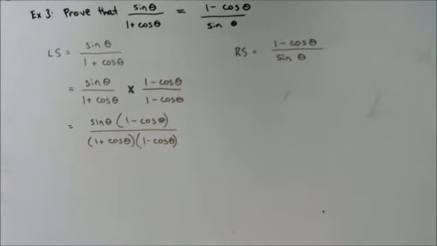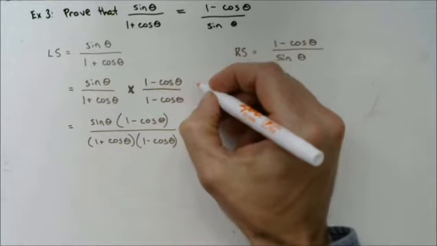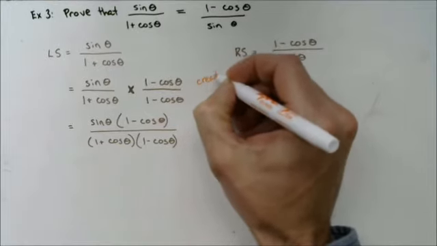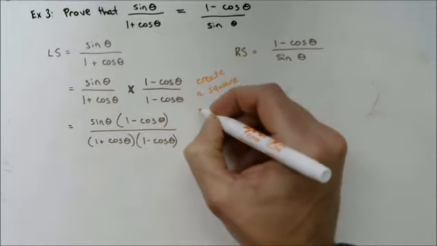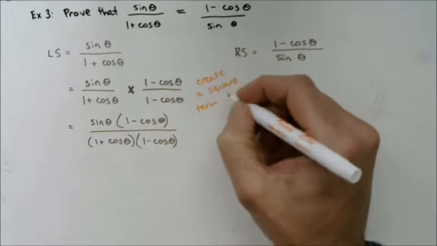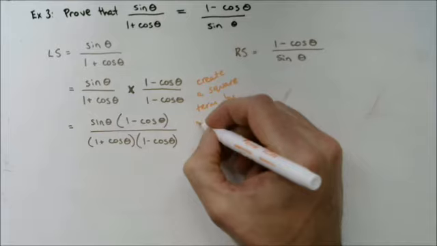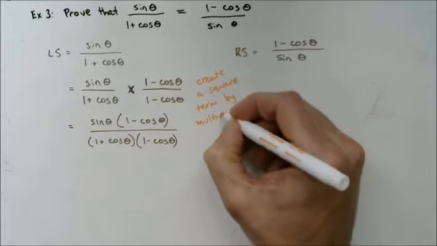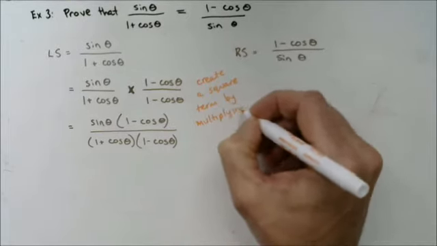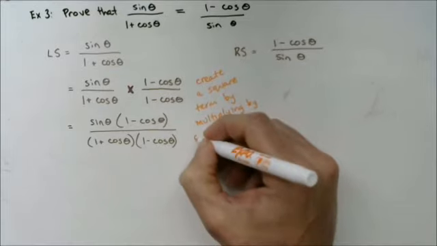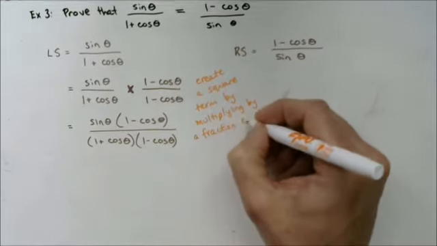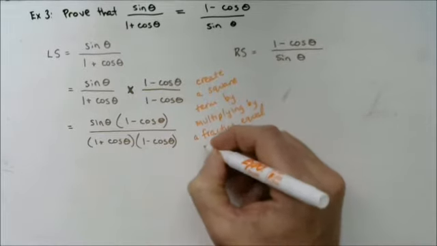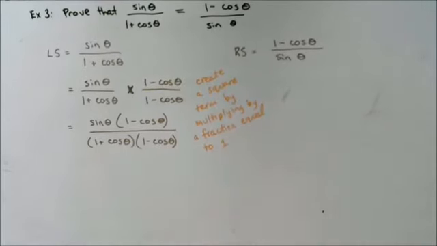So I'm going to make a little note there. We want to create a square term by multiplying by a fraction equal to 1.